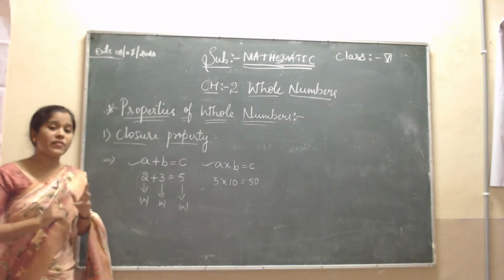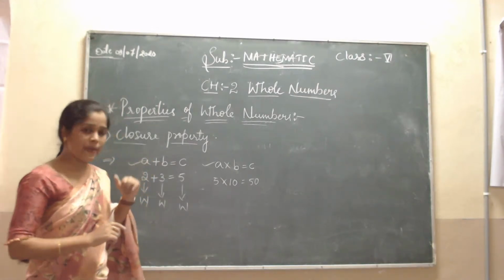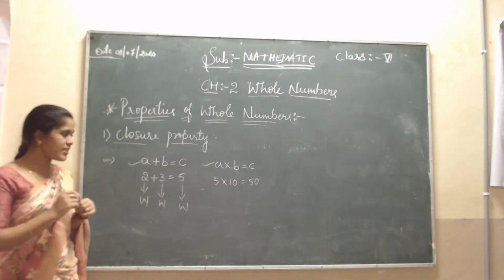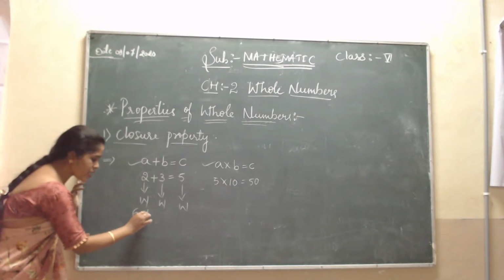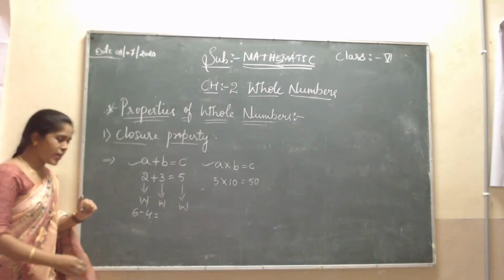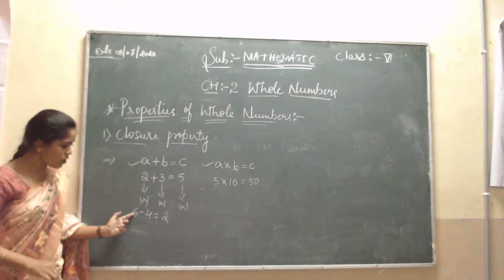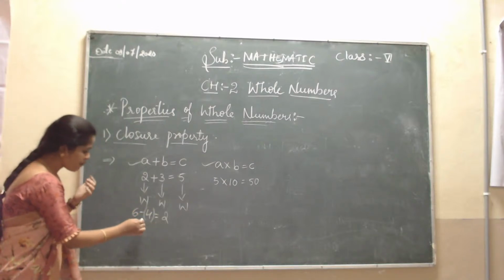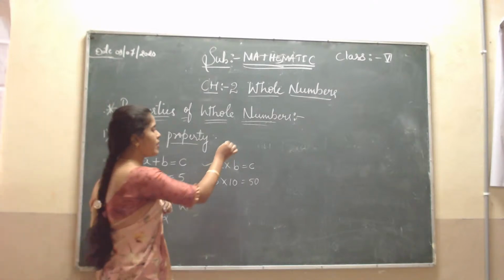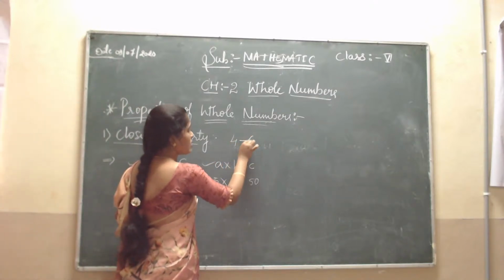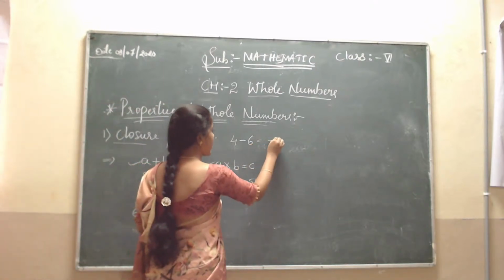Let's see, in division and subtraction, let's take one example of subtraction. See here, 6 minus 4. 6 minus 4 is 2. This is a whole number, this is a whole number, and this is a whole number. But in some cases, for example, we are subtracting 6 from 4, 4 minus 6 is minus 2.